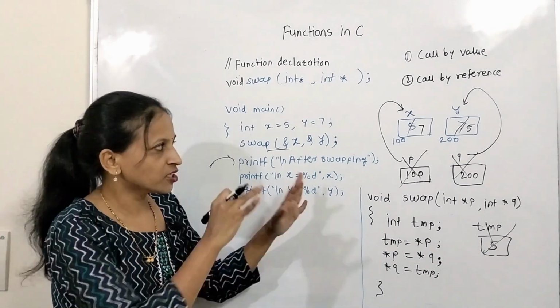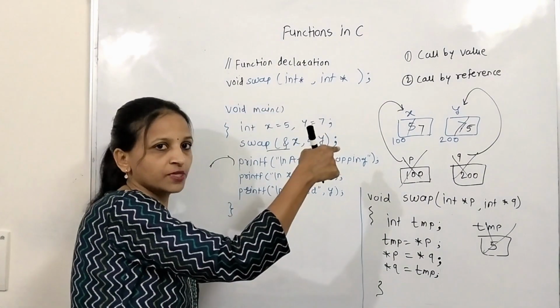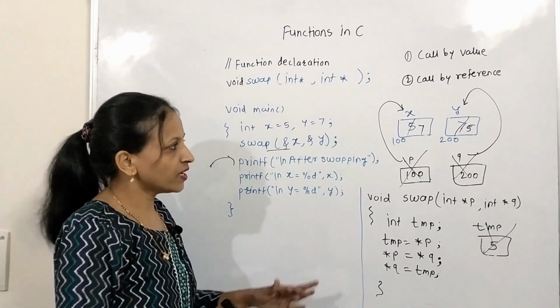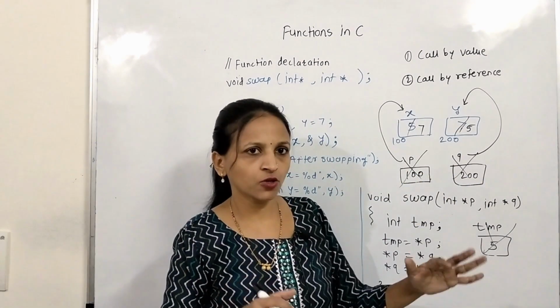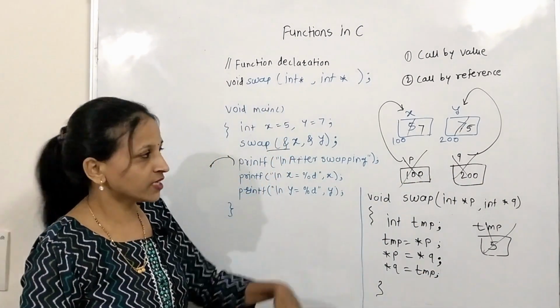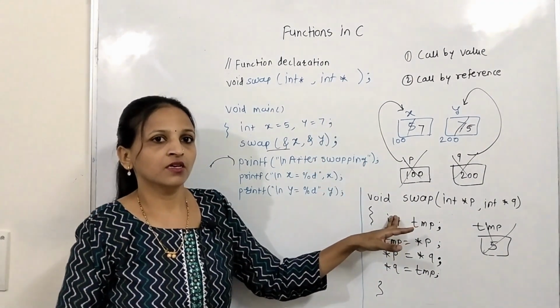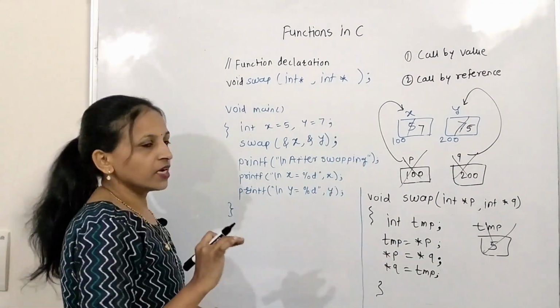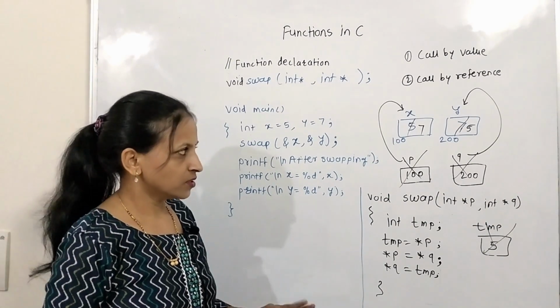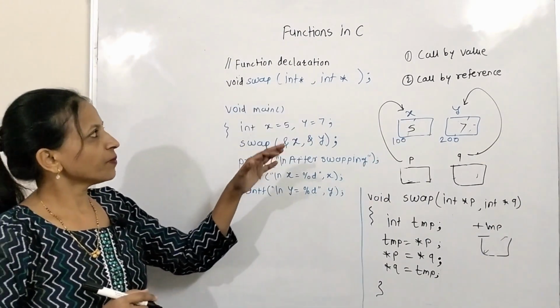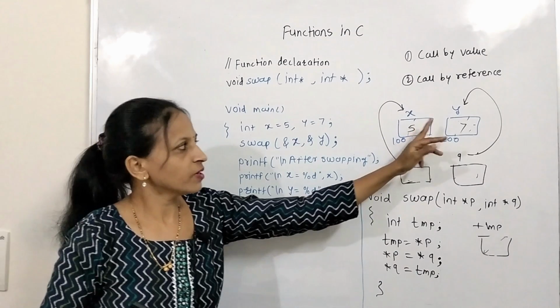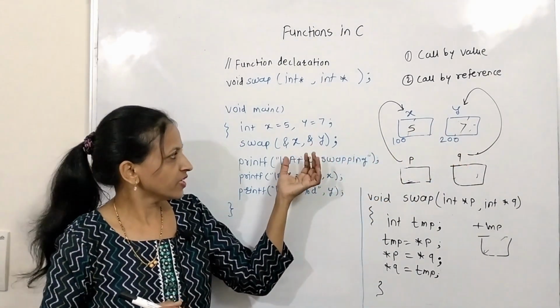Okay, and whatever action we do on the actual variables is only with the help of those formal variables, this P and Q, holding the addresses of the actual variables, actual arguments. Again I am going to explain this. See how it works. Here again control will come here, X and Y will be created having values 5 and 7.